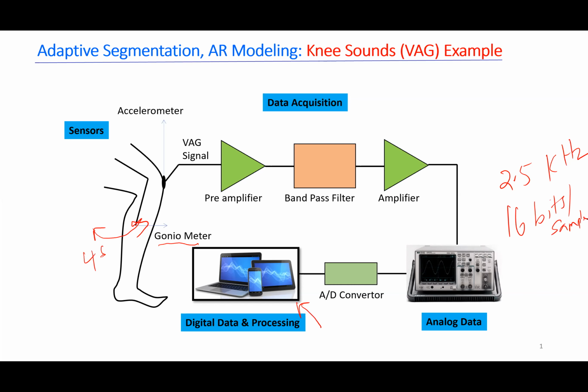The database that I'm talking about was collected at the University of Calgary in Foothills Hospital, where many subjects who have gone through ski accidents had their acoustic or vibration signals from the knee recorded. The words sound, acoustics, and vibrations are used interchangeably. They all mean it's a VAG signal.